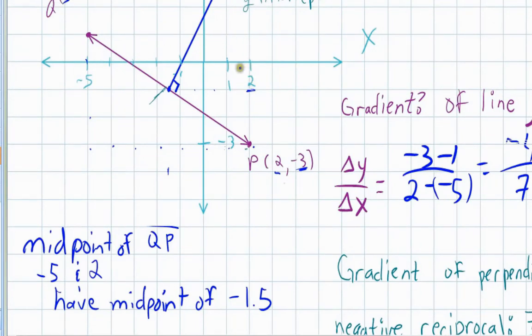The midpoint of that is essentially the average of those two values. So if you go from 2, you go out 3.5 spaces. That leaves you over here with 3.5 spaces, right? So the halfway point happens to be at -1.5.